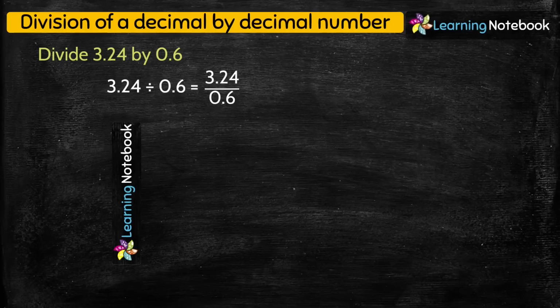So 3.24 has 2 decimal places. So we will put 100 in the denominator. And 0.6 has 1 decimal place. So we will put 10 in the numerator. Cancel 0 by 0.